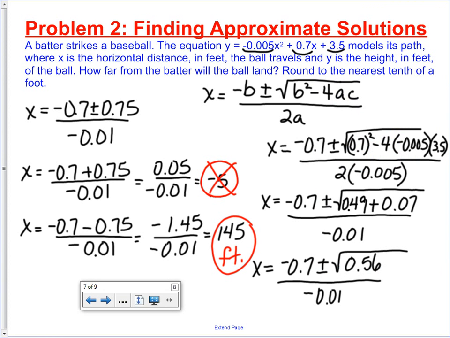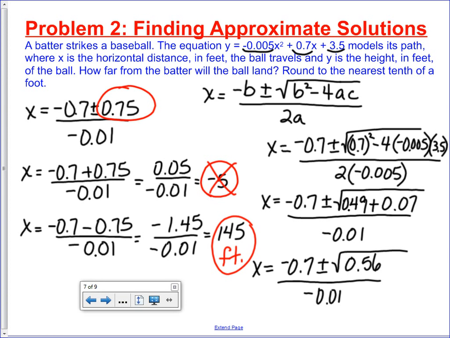And the teacher's book gives the answer 144.8. So I am going to leave it in this form, and the reason that I'm getting 145 is the rounding that we did on our square root of 56 hundredths.